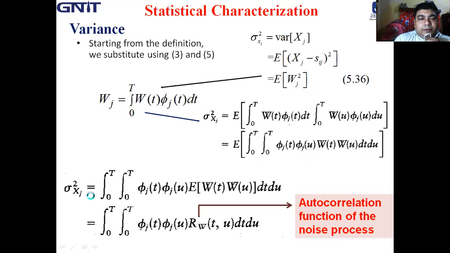Now this noise variance is the double integration from 0 to T of phi j(t) phi j(u), next is the expectation of W(t) W(u) dt du. Now this expectation of W(t) W(u) is basically the autocorrelation function of the noise process, denoted as capital R_W(t,u).